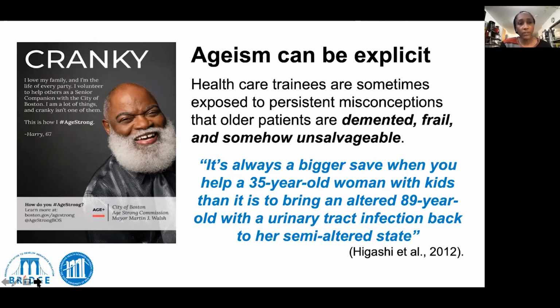And it sparked this real conversation about ageism and whose life is more valuable. And so this particular quote: it's always a bigger save when you help a 35-year-old woman with kids, as opposed to an 89-year-old with some sort of stereotype about that particular older adult.